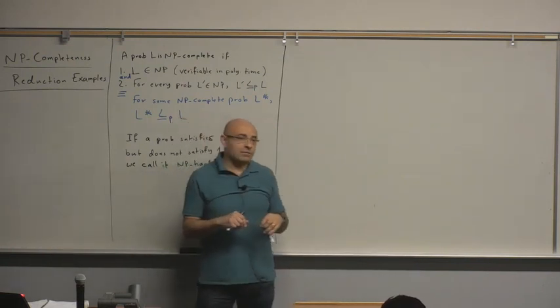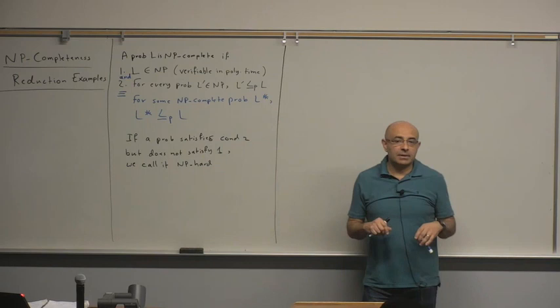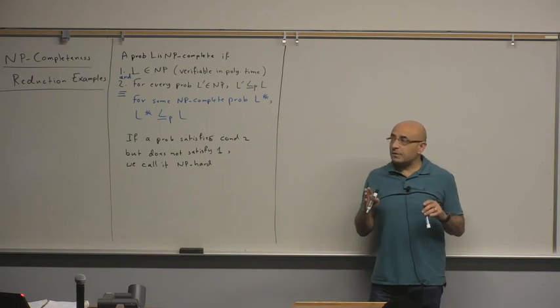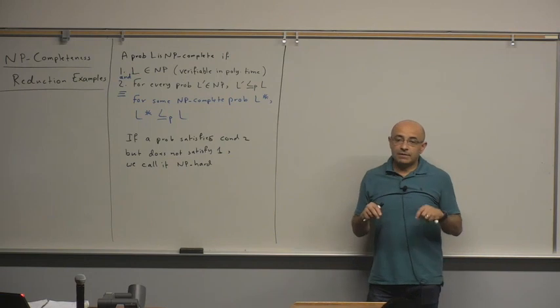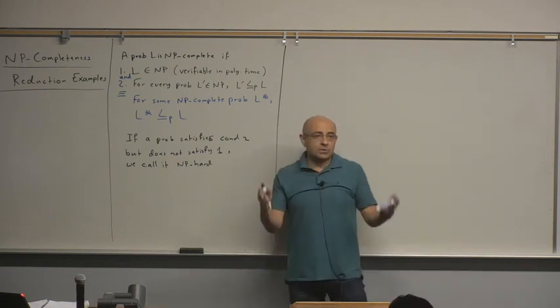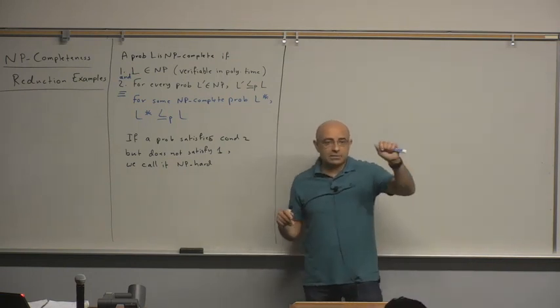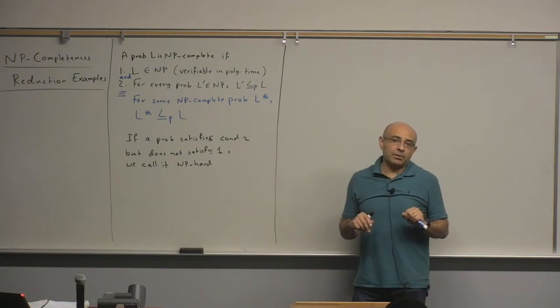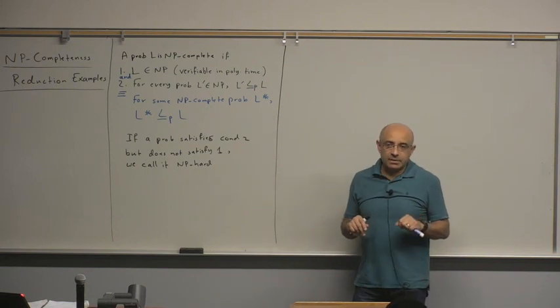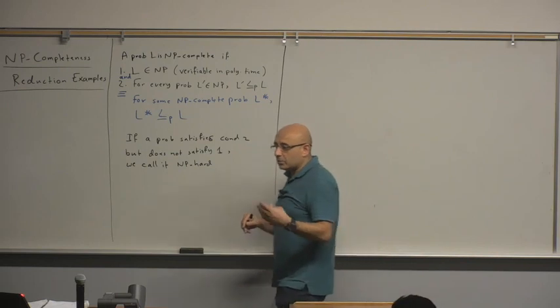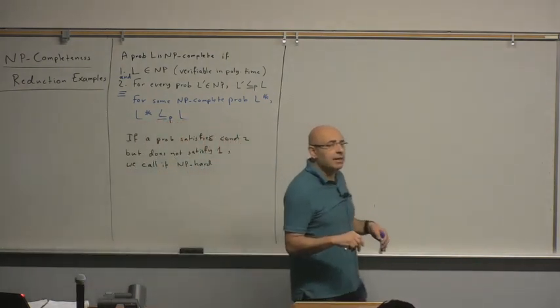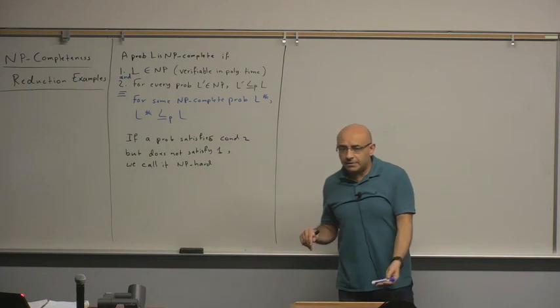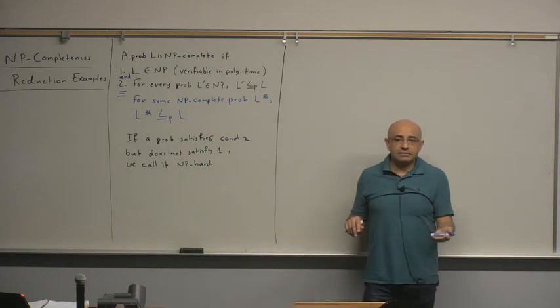Unlike the decision version of the traveling salesman problem, which can be verified in polynomial time, because if someone gives you a proposed solution, you can verify that it's correct by checking the vertices, checking that the vertices belong to the graph, and checking that they are not repeating any vertices, and checking that, what else?